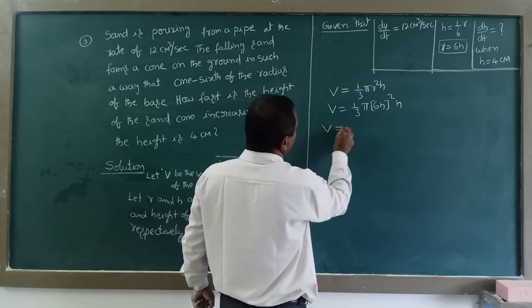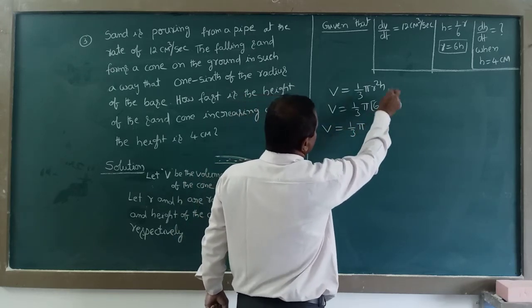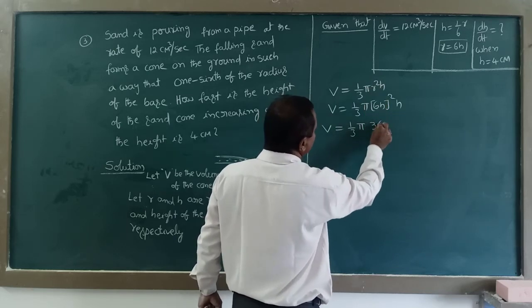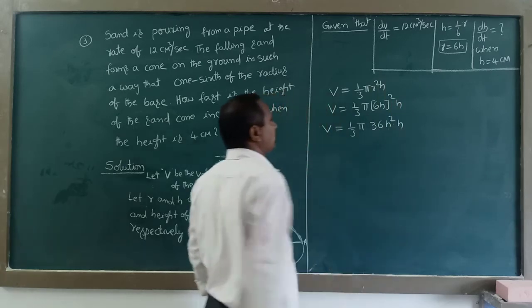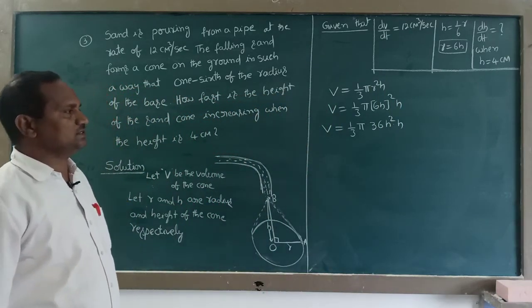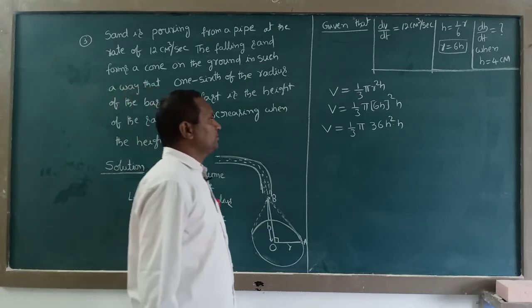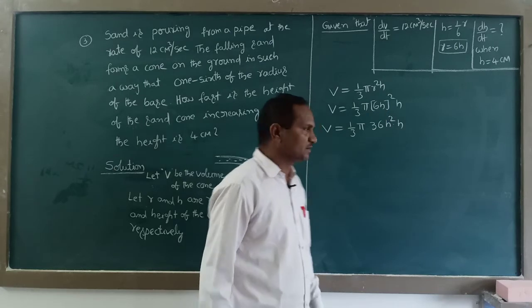V is equal to 1/3 into pi into 6h whole square, which can be written as 36h square into h, because the power 2 belongs to both 6 and h. We distribute the power to both 6 and h.